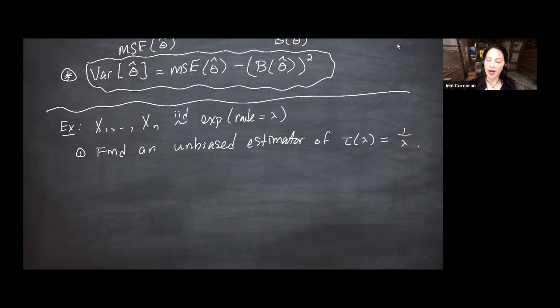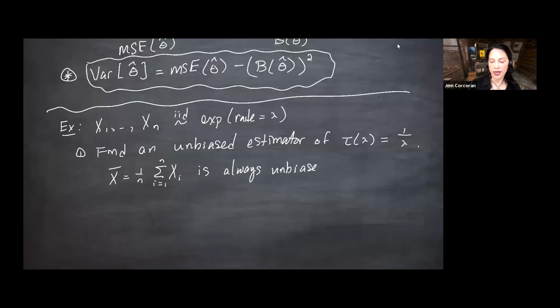So you probably recognize 1 over lambda as the mean of the distribution. And we saw last time that x bar, the sample mean, which is 1 over n times the sum, is always unbiased for the mean. It's always unbiased for what we were calling mu, but that's supposed to be a generic mean; in this case, the expected value of x1 or x5 or any of them, which is 1 over lambda.